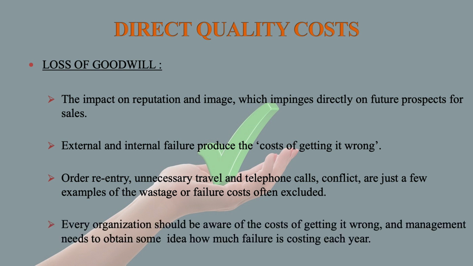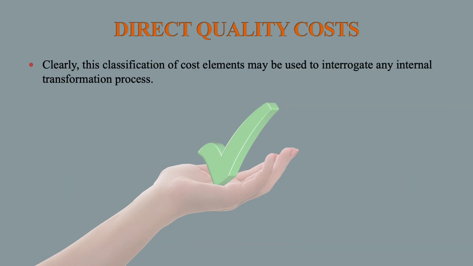Every organization should be aware of the cost of getting it wrong, and management needs to obtain some idea how much failure is costing each year. Clearly, this classification of cost elements may be used to interrogate any internal transformation process.